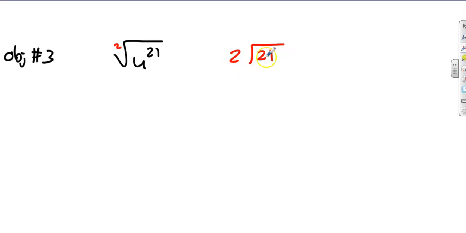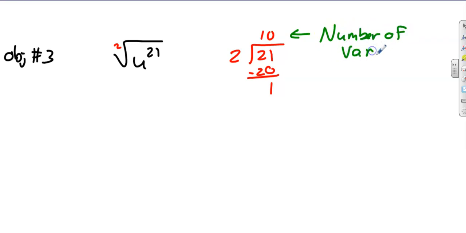Okay, how many times will 2 go into 21? 10 times, right? Leaves you with 1 left over. If you do it this way, the top number that you get, the whole number you take out, that's going to be the exponent on the variable on the outside.